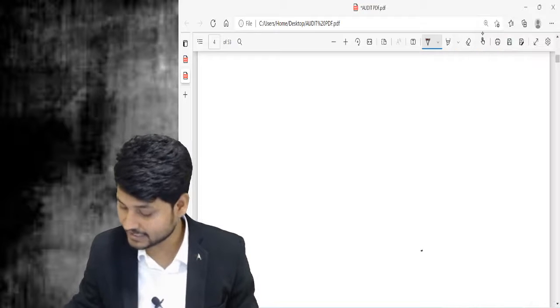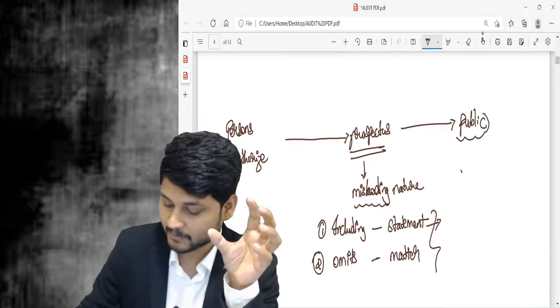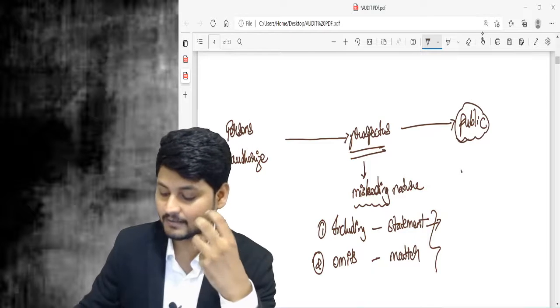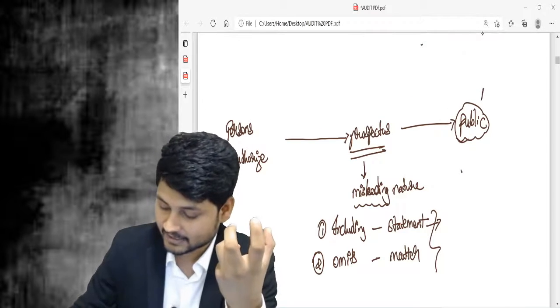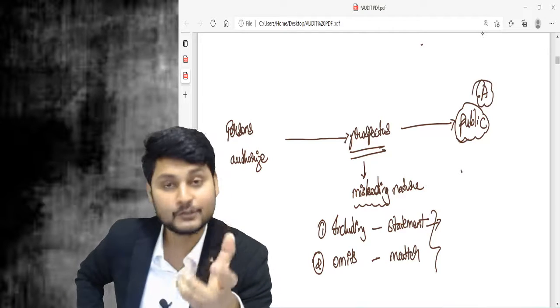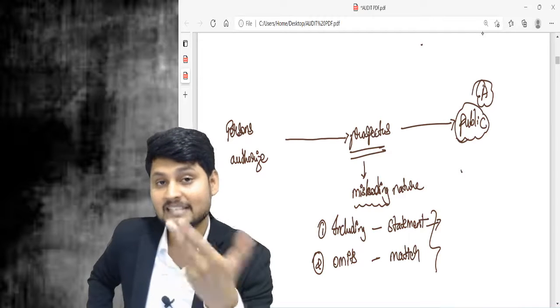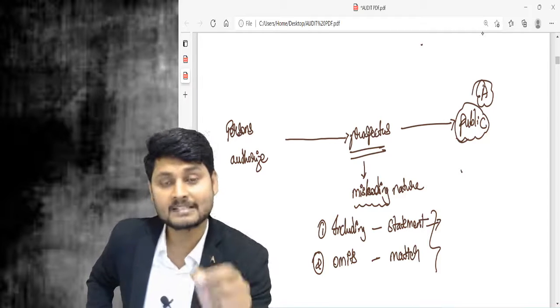And depending upon this prospectus, the public, or to be more precise, Mr. A, has been subscribing to the securities of a particular company depending upon the prospectus which is misleading in nature. How has this prospectus become misleading?